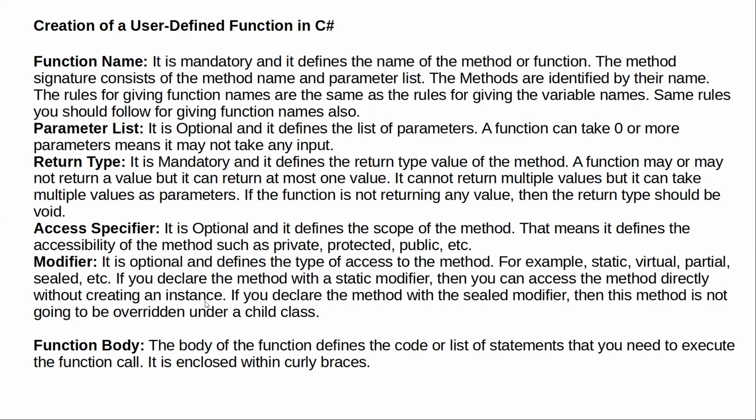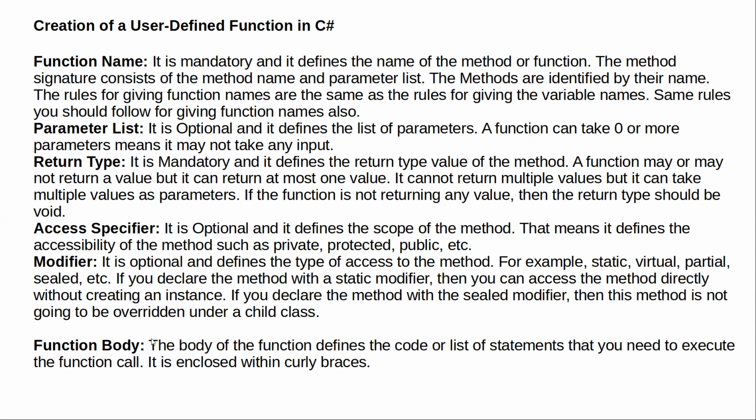Normally, if you have a class and you want to use the methods within the class, we create the instance, we create the object. But in this case, if it is mentioned as static, you don't need to create the instance. And if it is a sealed modifier, for now you can ignore it. Since the concept came, I'm telling you, but I can cover more about this in next week's class.